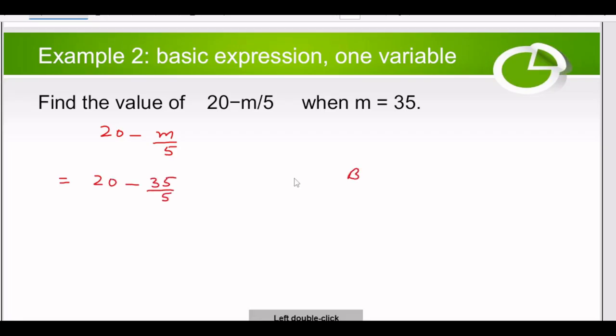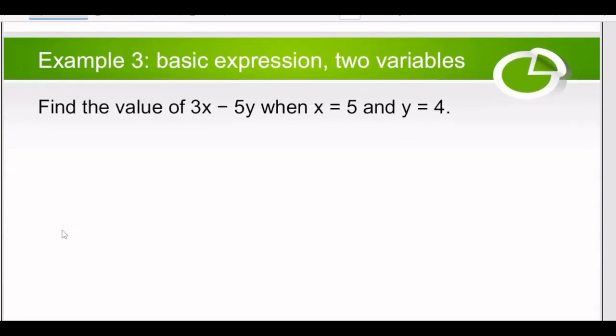Applying BIDMAS, we do not have any brackets or indices here, but we have division. 35 divided by 5 is 7. So 20 minus 7 is 13. The final answer is 13, right.